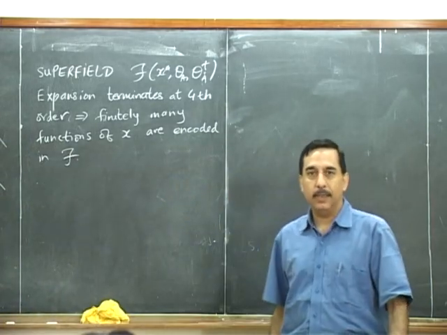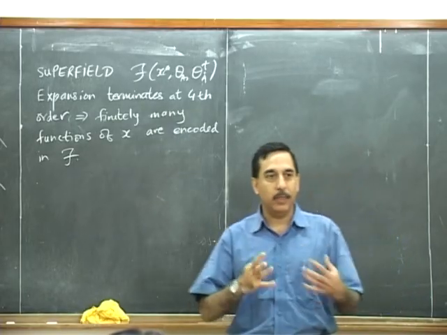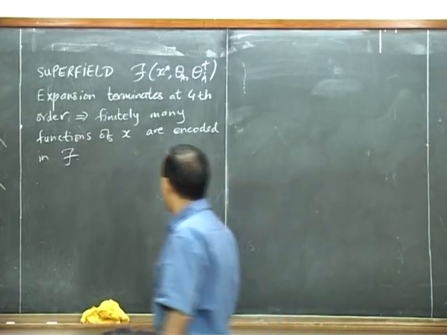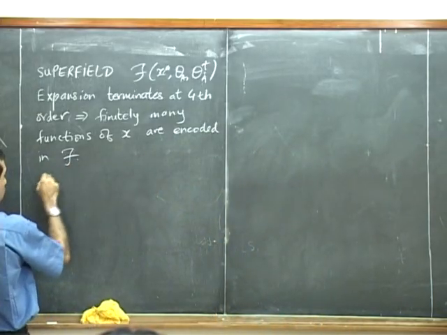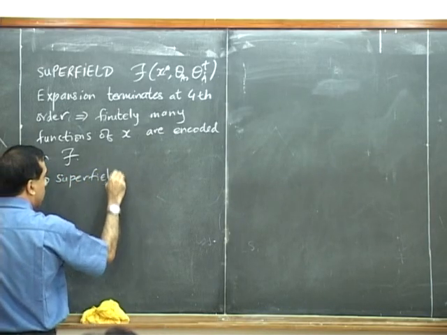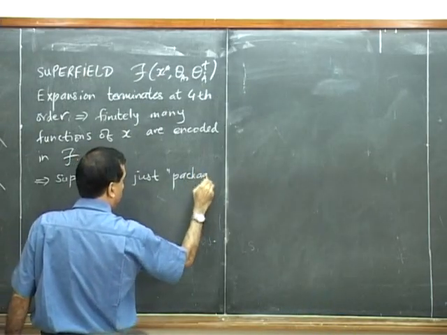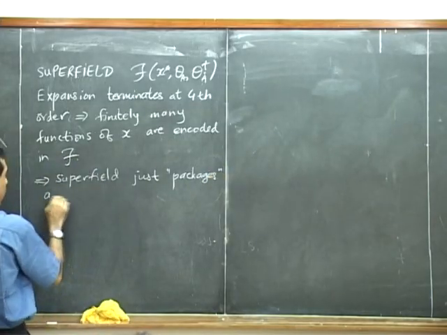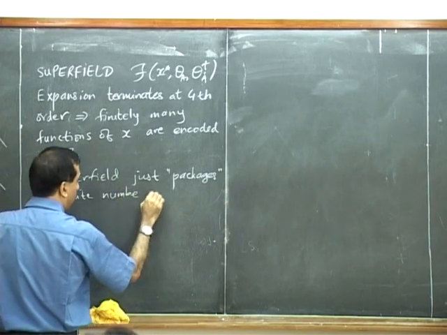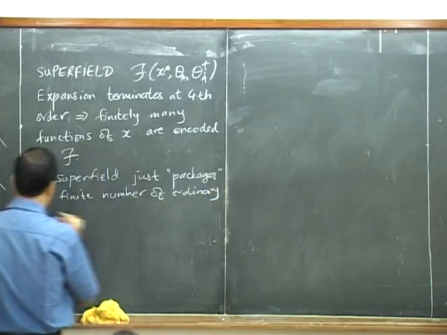Function of x, theta, theta dagger is a superfield. So we learn that a superfield is nothing but a package which encodes a finite number of ordinary fields. And in fact, this implies that a superfield just packages a finite number of ordinary fields.